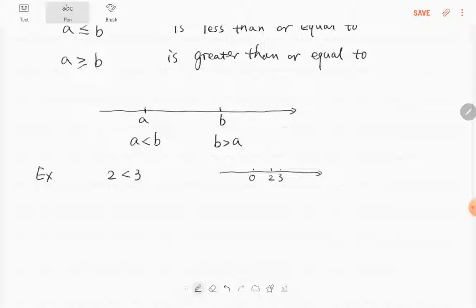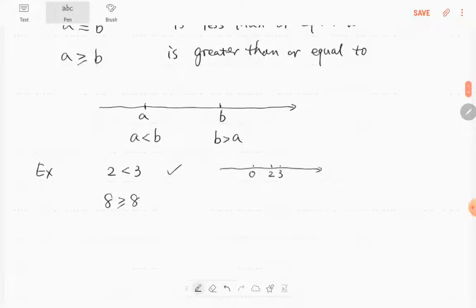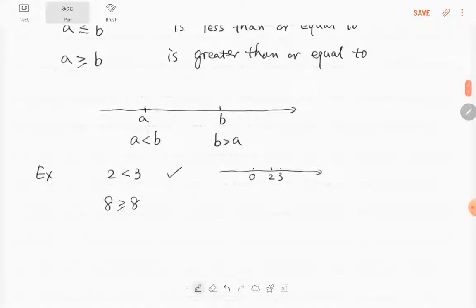Because 2 is left of 3, we say it's true. If we say 8 is greater than or equal to 8, is that correct? We will say yes, because 8 is equal to 8. So 8 can also be said to be greater than or equal to 8. So this is also true.